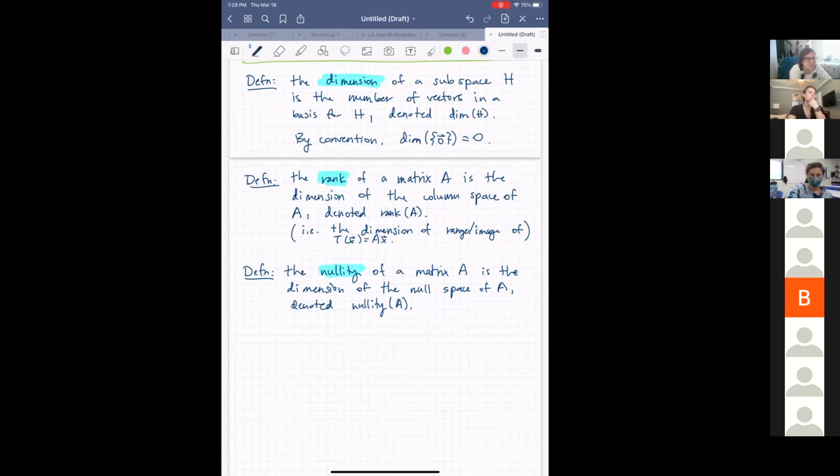Maybe if you refer to the invertible matrix theorem that we had, let me see if I can find it and pull it up.